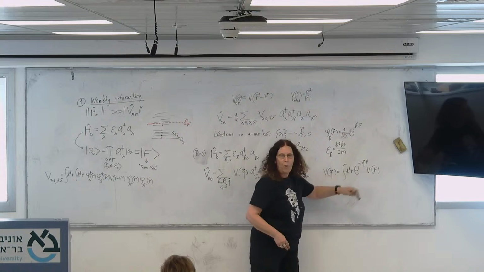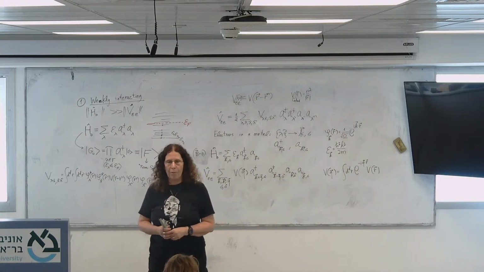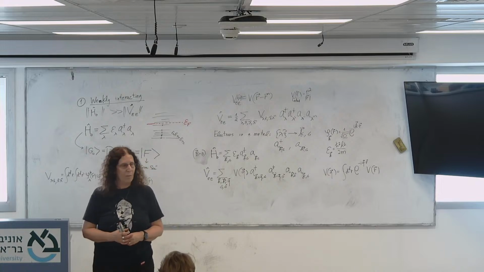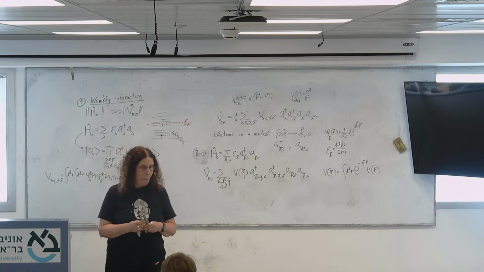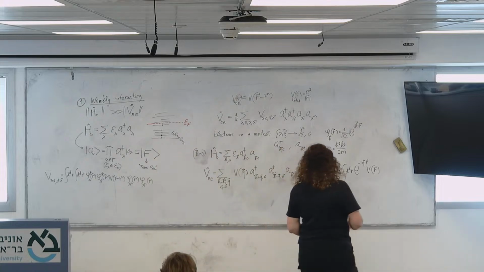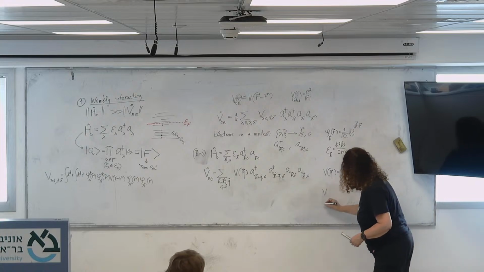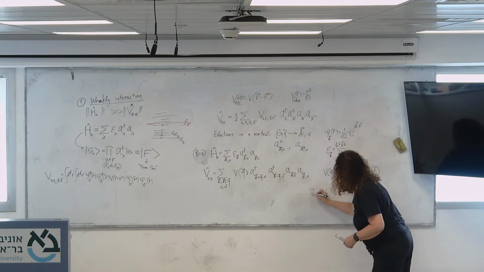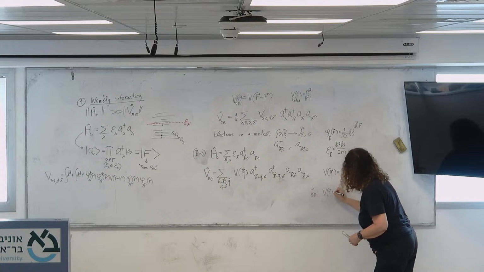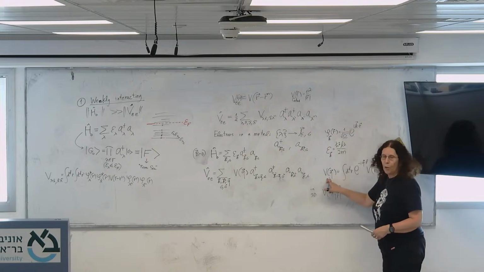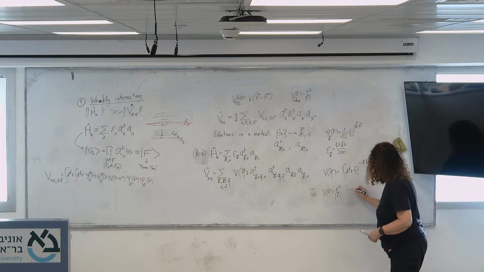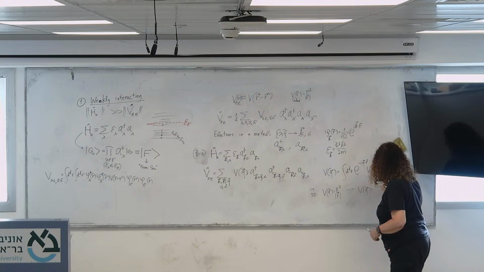So for example, if V of r is the Coulomb interaction, e squared over r, what is V of q? Are you familiar with this? I don't know if you've seen it, but in 3 dimensions, if V of r is e squared over r, if you compute its Fourier transform, you find that V of q is 4 pi e squared over q squared.